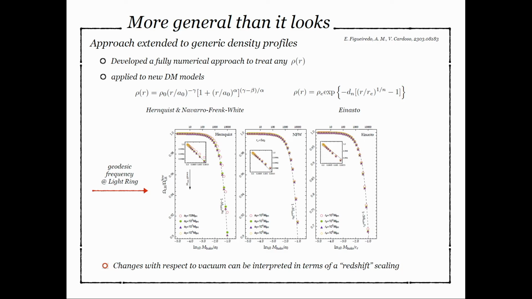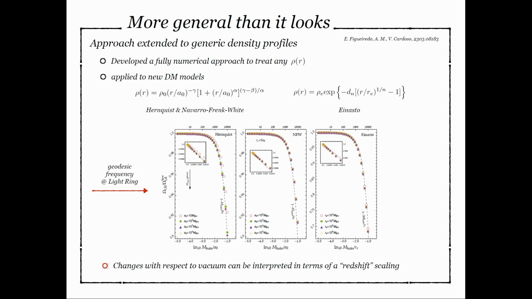And at least for the axial fluxes and for the geodesic structure, what we found is that the story is always the same. For example, this is the relative difference in the light ring, as I showed you before, but now not only for Hernquist, but also for the Navarro, Frenk and White and the Einasto model. And what we saw is that changes with respect to the vacuum for the geodesic frequency, even in these two models, can be interpreted as a redshift scaling.